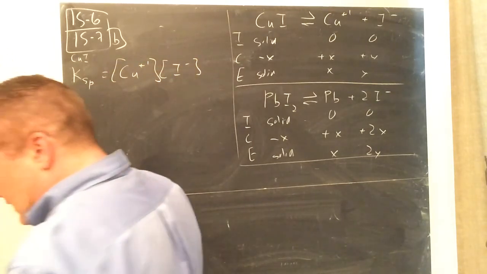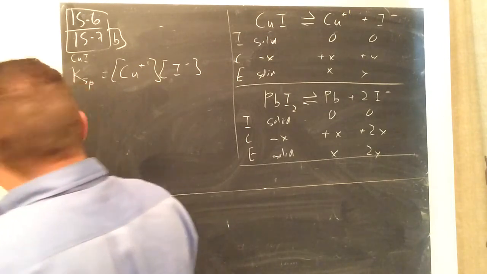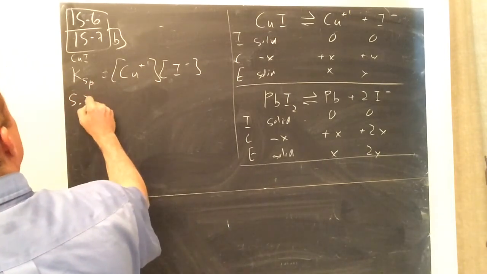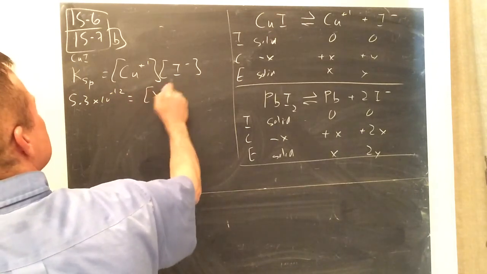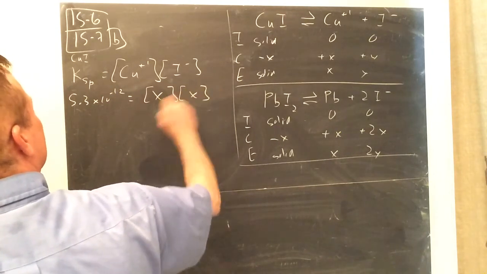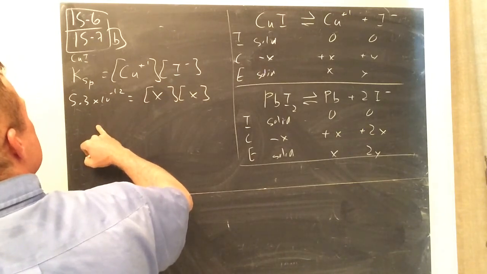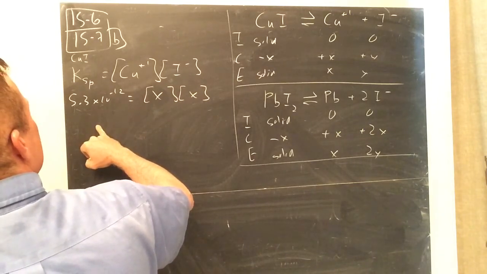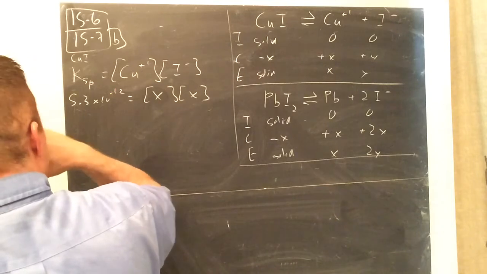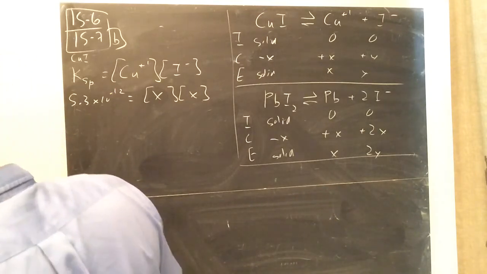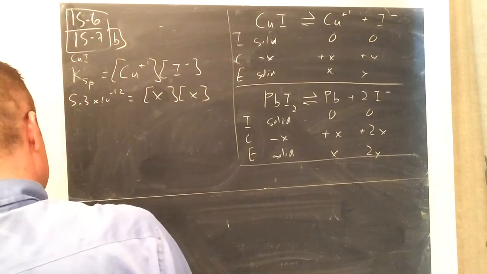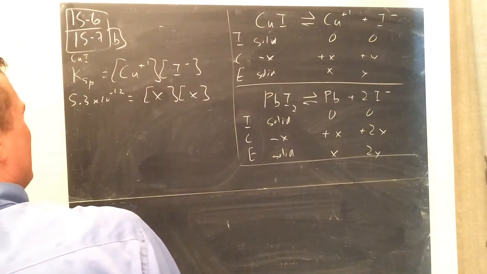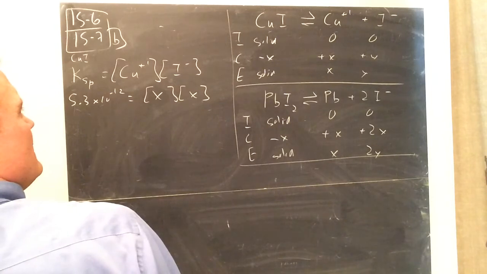And that value they give you is 5.3 times 10 to the negative 12, equals X times X. Now, all you have to do here is just get the square root. That math problem is not too hard, is it? I was almost thinking that's just too easy.